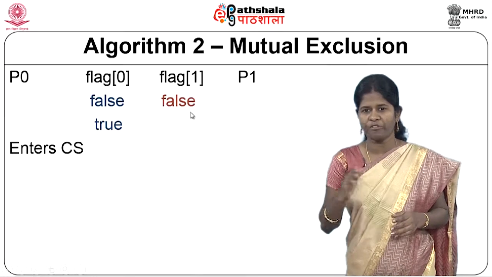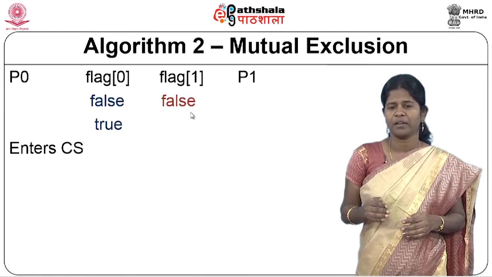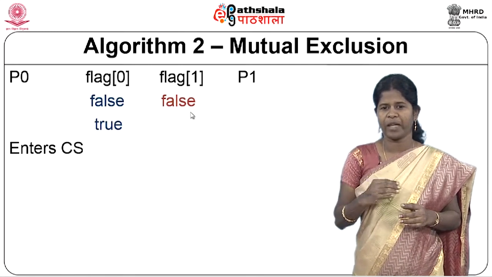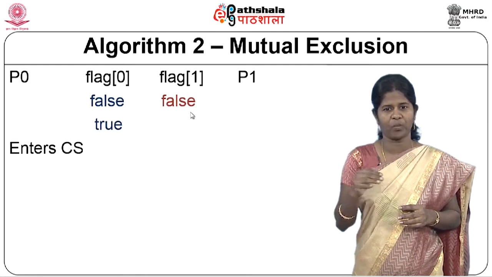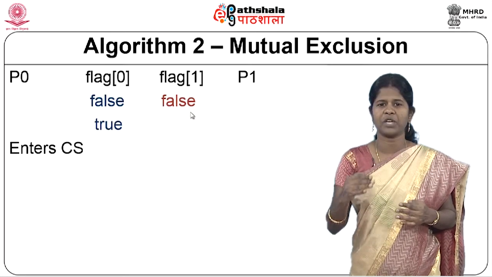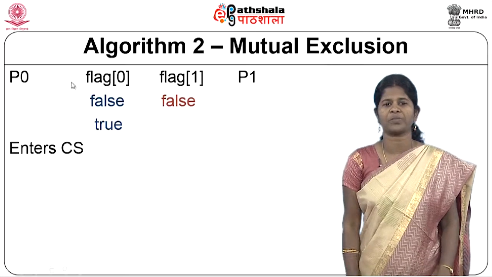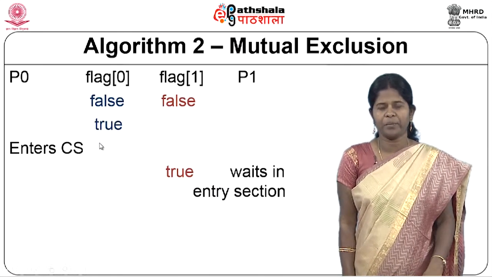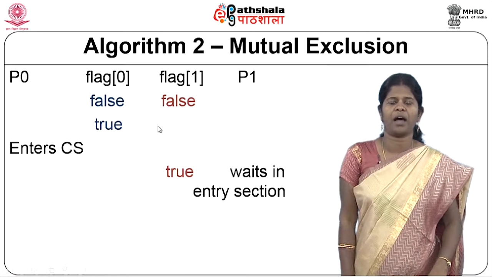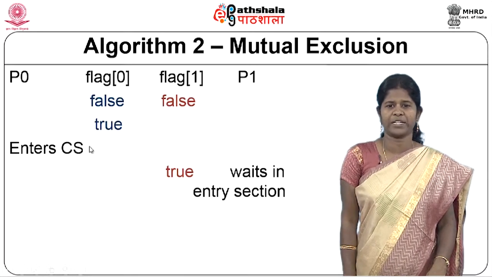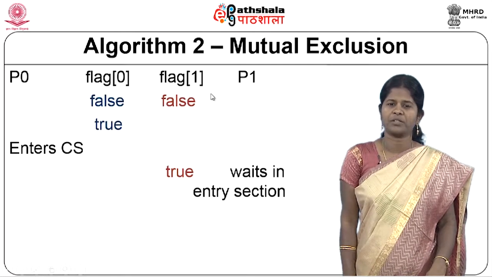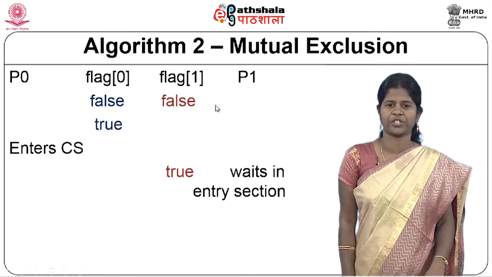Since flag of 1 is false, while of false will be executed, and because the condition within the while loop is false, it comes out of that while loop and process P0 enters the critical section. When P0 is currently in the critical section, say now P1 wants to enter the critical section. So, P1 executes its entry section of code.